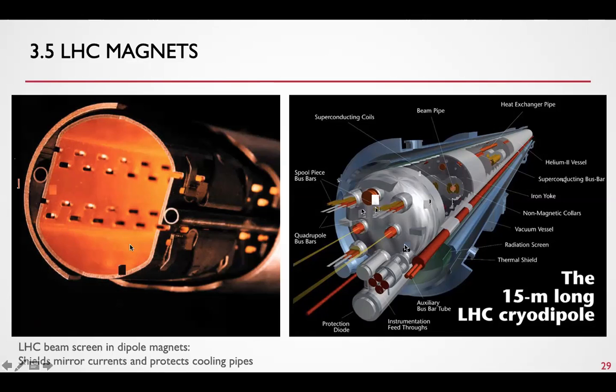It's a complicated design. It needs to shield the mirror currents, which you otherwise have because we're passing fairly high currents, and it needs to be cooled. And so here in these pipes runs the superfluid helium.